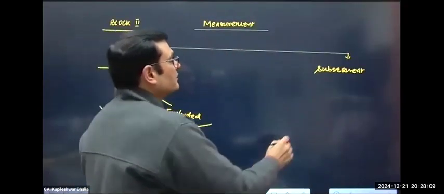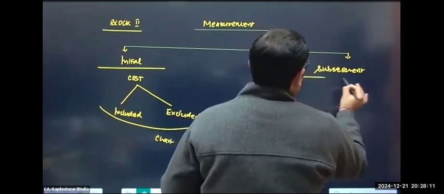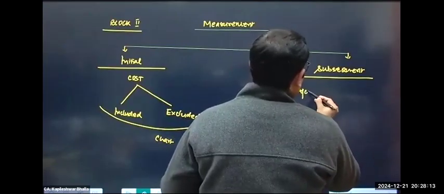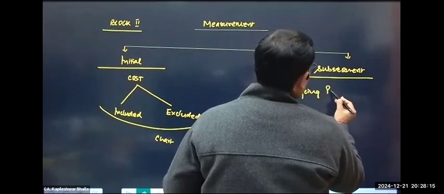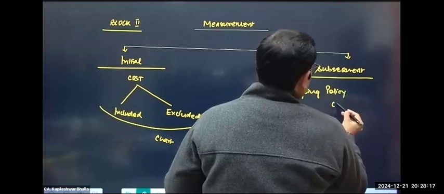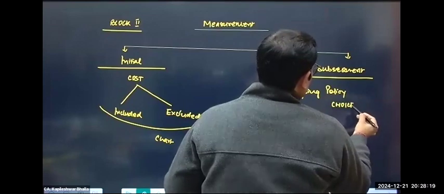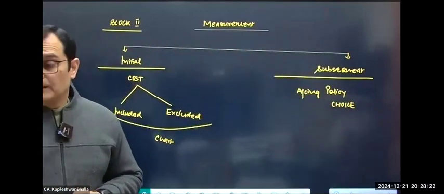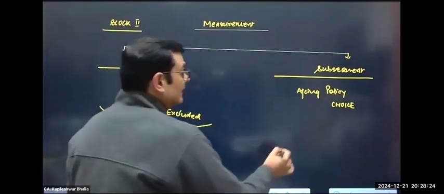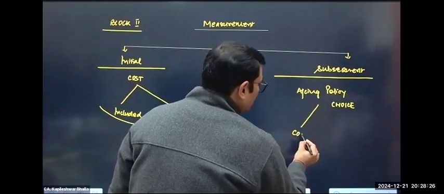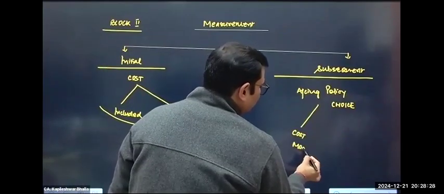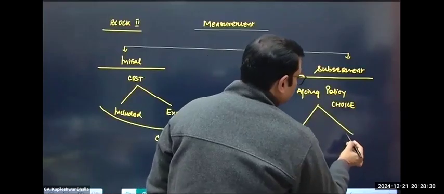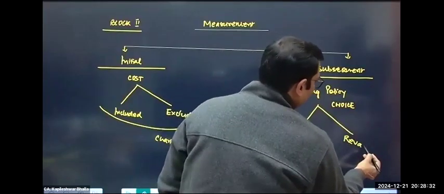Okay, so on the subsequent measurement, the standard says that the company has got an accounting policy choice, where the company can either consider a cost model for the purpose of measurement, or the company can consider what is called a revaluation model.